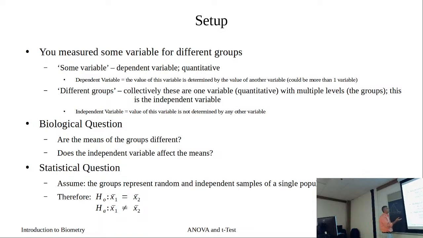What about these different groups? We measure the same variable across all groups. Well, what are the different groups? Collectively, it represents one variable. It's our classification. That's our one variable type. But that variable is going to have multiple levels inside of it. So if we looked at size against sex, we can break up sex into male and female organisms.